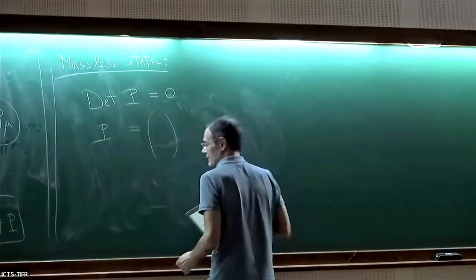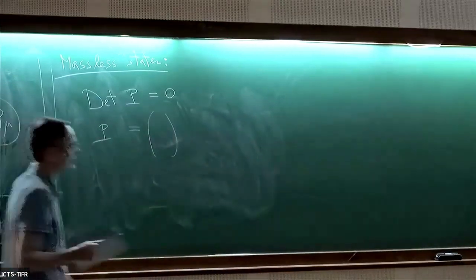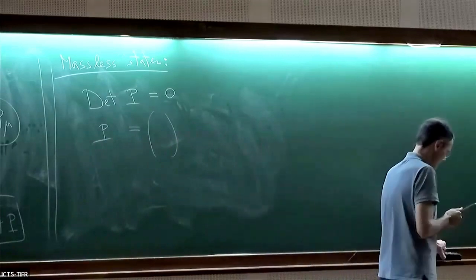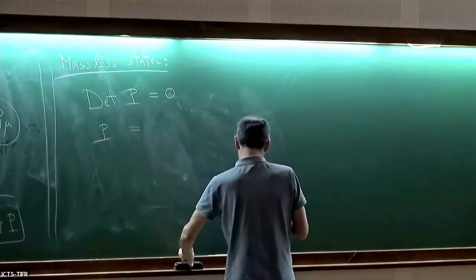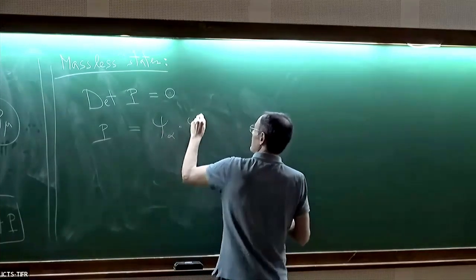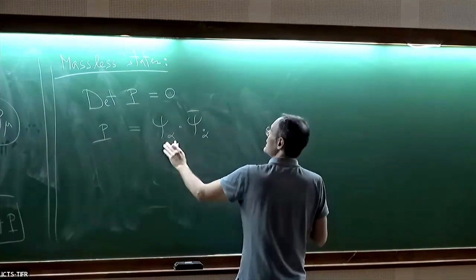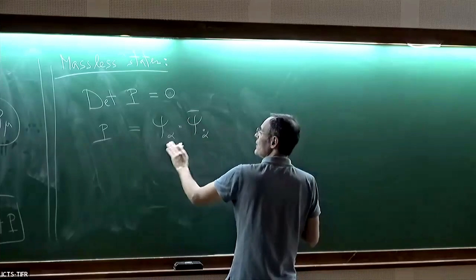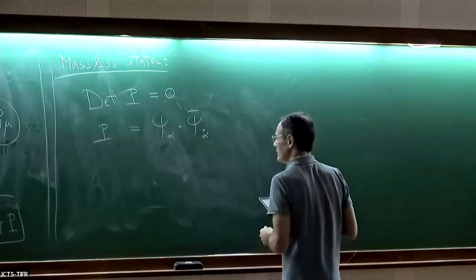You can consider it probably like this: psi alpha, sorry to use the same notation, psi alpha dot, and now it's a product of two component vectors.